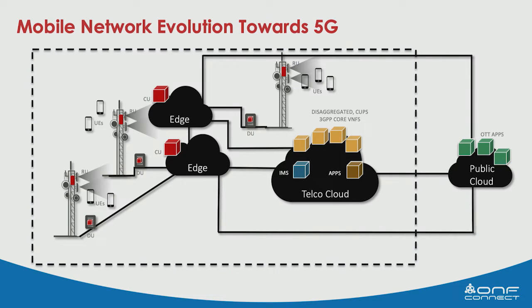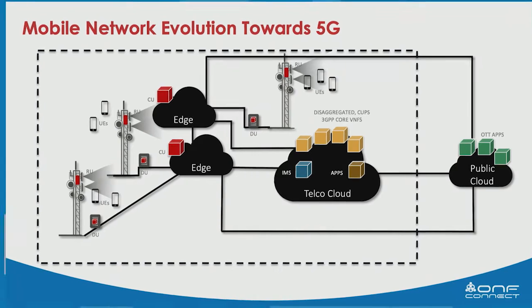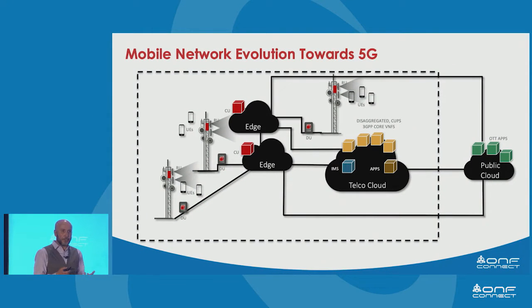But in addition to that, the main reason why you would want to have an edge presence is to give the operators the capability for providing service to new business verticals or new use cases, which demand lower latencies, higher bandwidths, or traffic localizations.